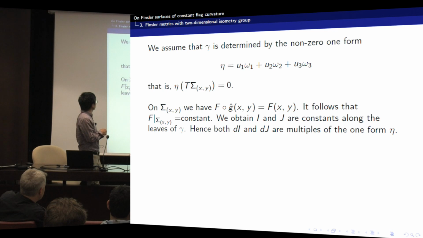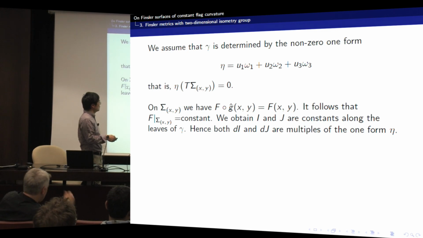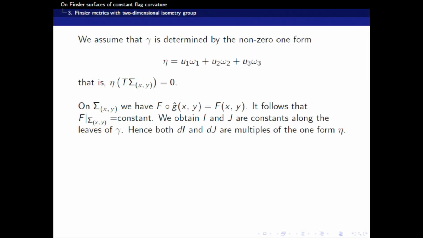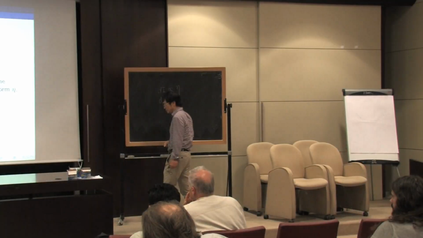It follows that f restricted to the orbit equals a constant, and we obtain that I and J are constant along the leaves of Gamma. Hence, both dI and dJ are multiples of the one-form eta.